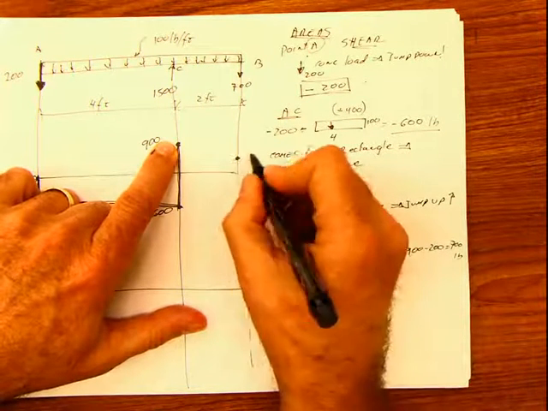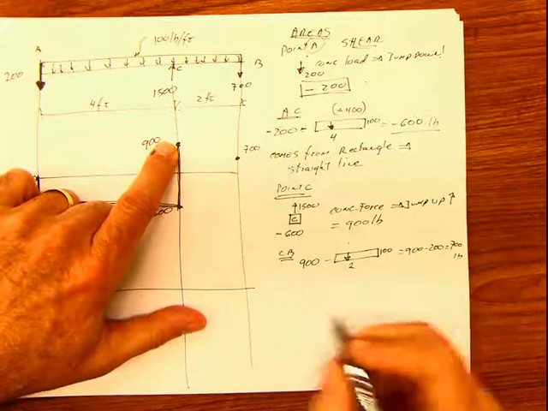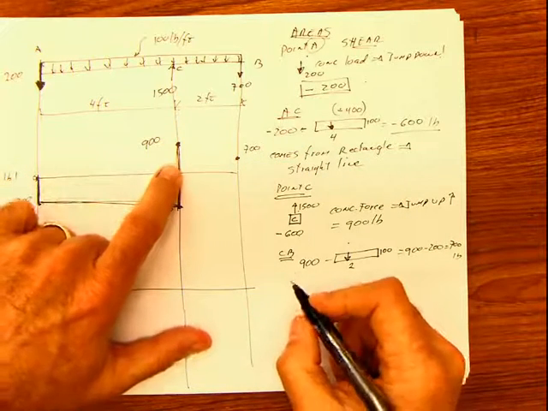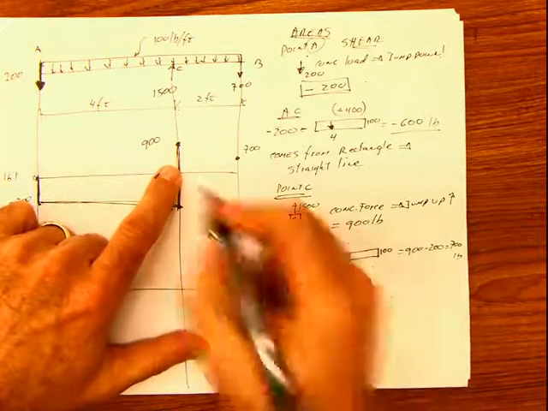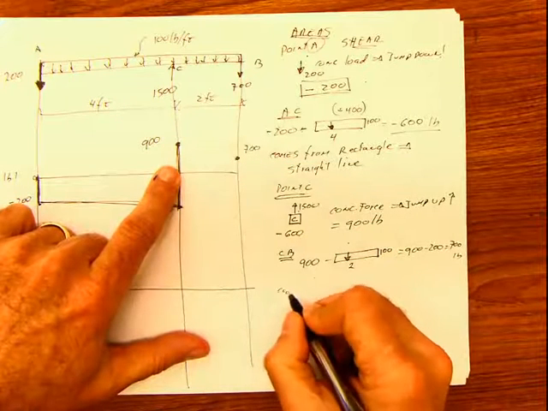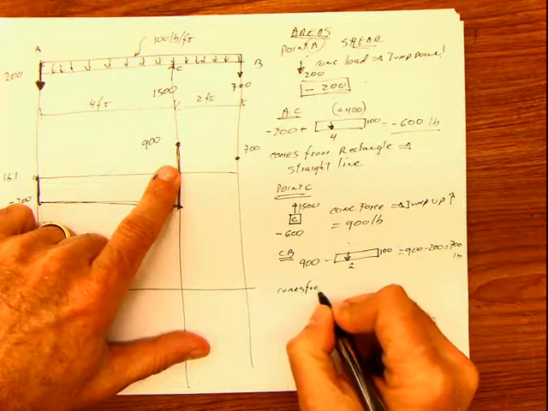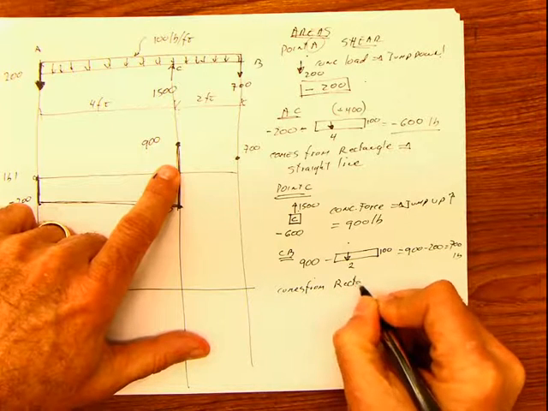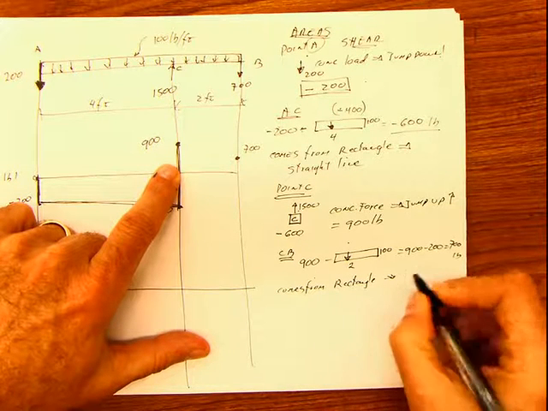That means this is going to be 700 pounds, and then you say, okay, 700 pounds, and how do I join these 2 points? Comes from rectangle, straight line.